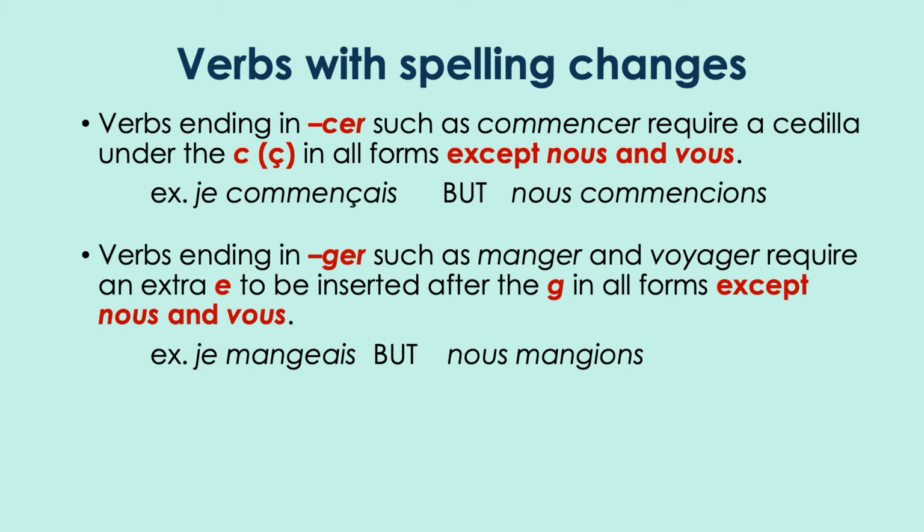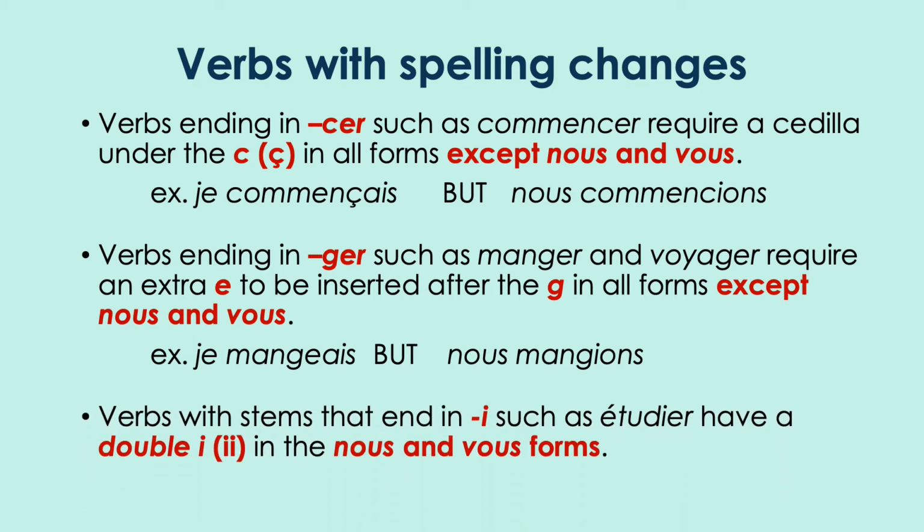Pronunciation is not affected. Now the third irregularity to keep in mind is that verbs with stems that end in I, such as étudier, have a double I in the nous and the vous forms only. Nous étudiions. Looks very funny, but that's the correct spelling.